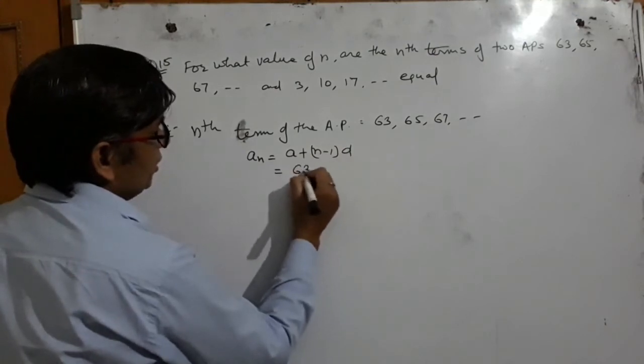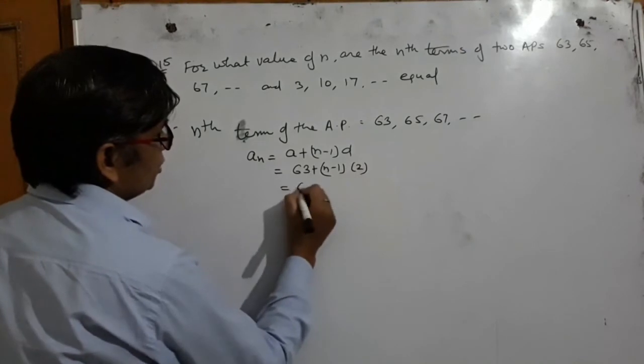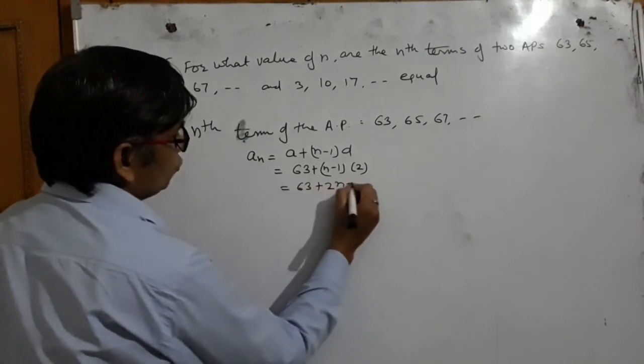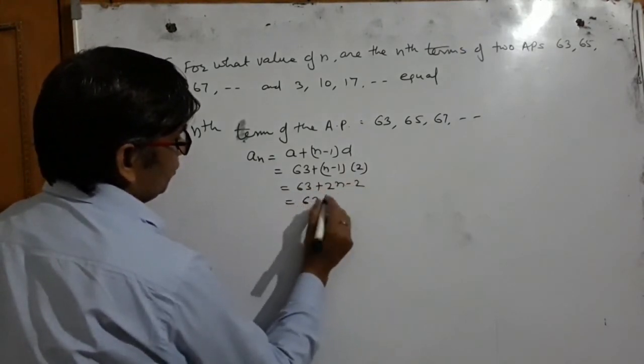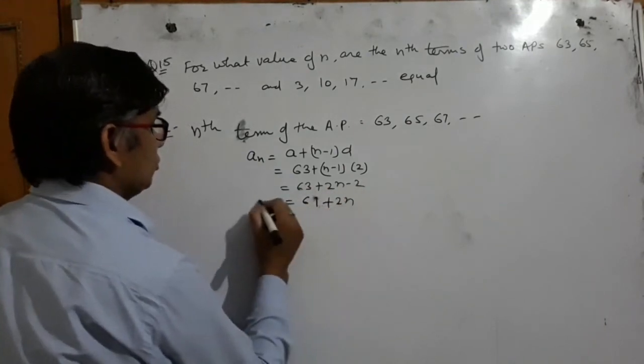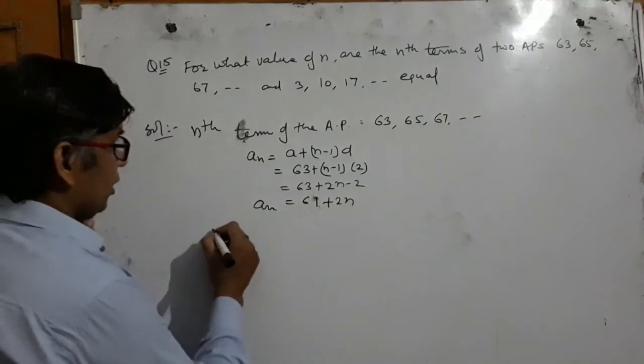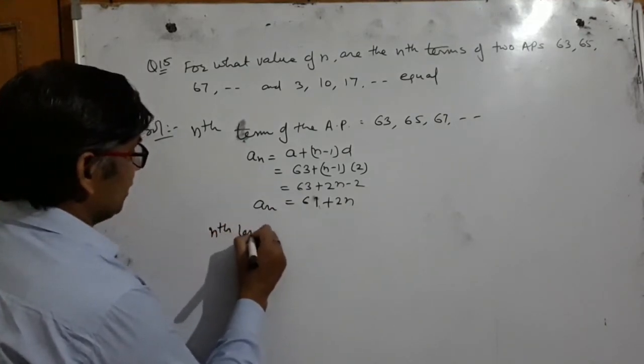A is 63, n find करना है and D is 2. 63 plus 2n minus 2. तो 63 में minus 2 61 plus 2n. nth term is 61 plus 2n. Okay. अब nth term of the second AP.